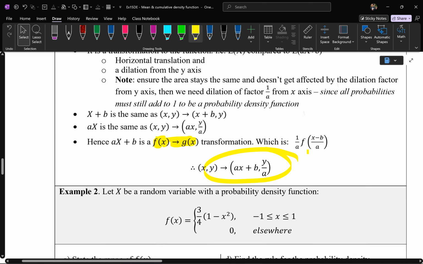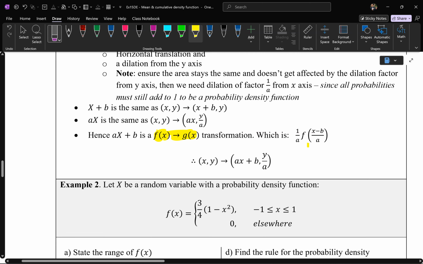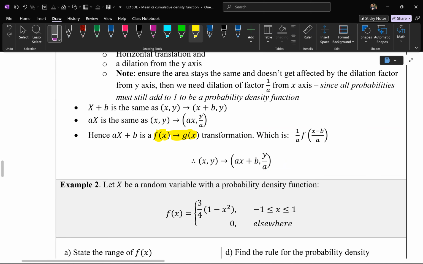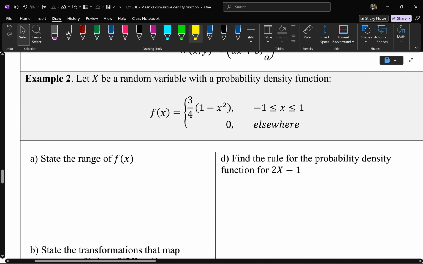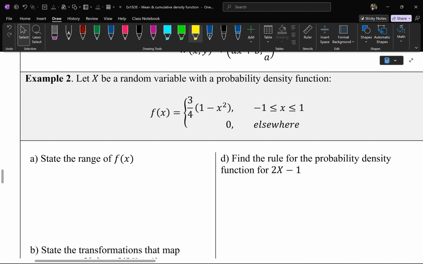So let's have a look at this example, using that information that A becomes the dilation 1 on A, and also for the y and x. Here's my problem. Let x be a random variable with a probability density function. Because they said probability density function, if you integrate it from -1 to 1 for this function, it should equal 1. So let's test it.